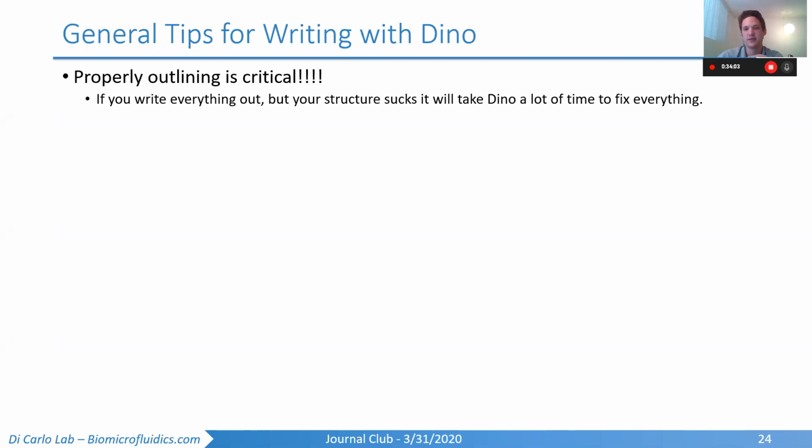From my observations, if people didn't spend enough time outlining, your PI or Dino, for example, will take a lot longer to get back to you with revisions because they have to do a lot more to give you advice, or they'll give you very vague advice, and then you'll have to keep iterating until you get closer to what they wanted. Pun sort of not intended, but if you get it right before you start writing all the details out, it'll save you a lot more time.